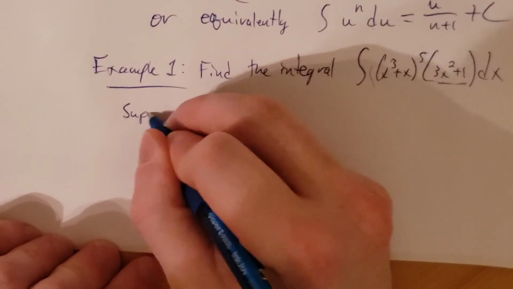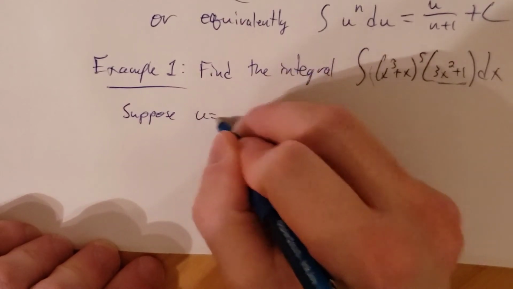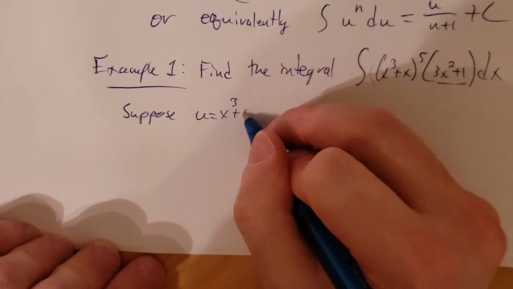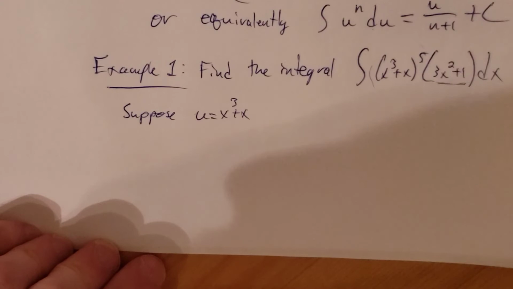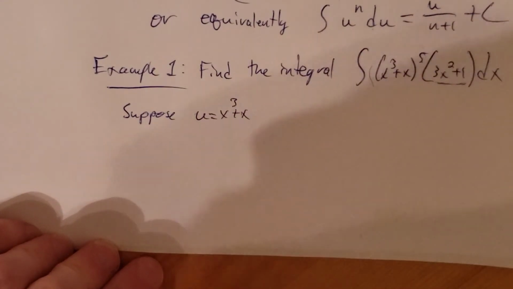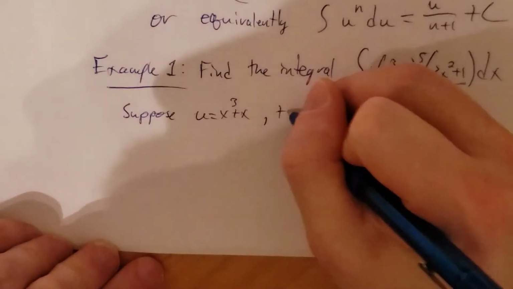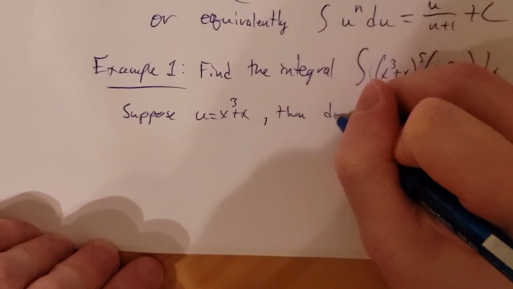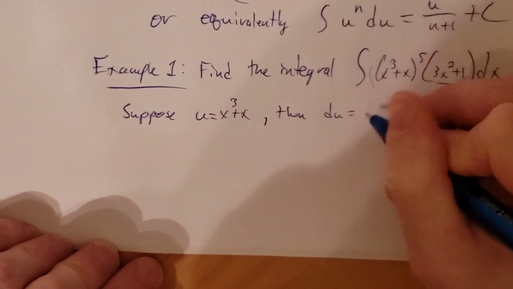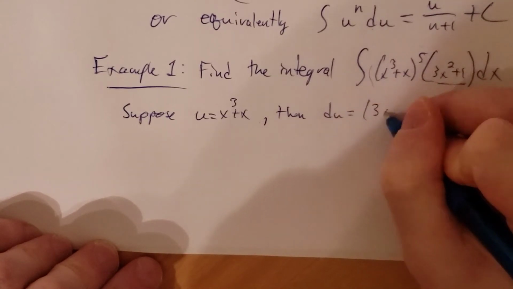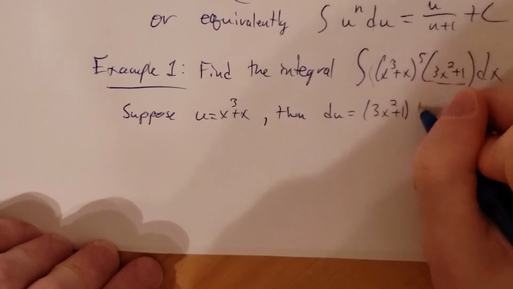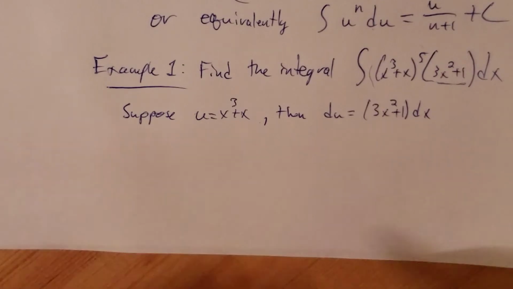So if we suppose u is equal to x cubed plus x, so this is our change of variables that we're going to make, then we get that du is our derivative here, so 3x squared plus 1 times dx, thinking again in terms of our differentials.